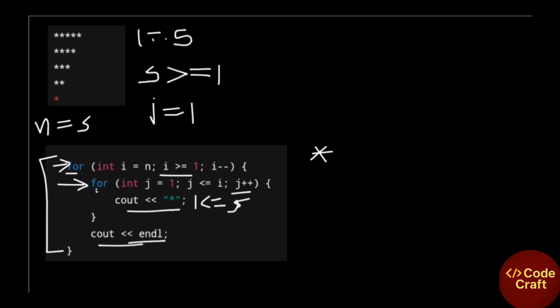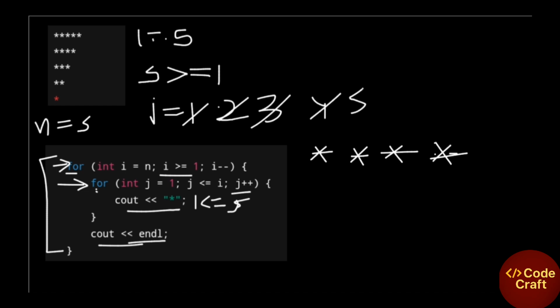This condition is true, so the compiler enters the inner loop and prints a star with cout. We have one star in the first row. After that, with the increment operator j plus plus, the compiler increases the value of j by 1. In the first iteration j is 1, and in the second iteration j becomes 2.